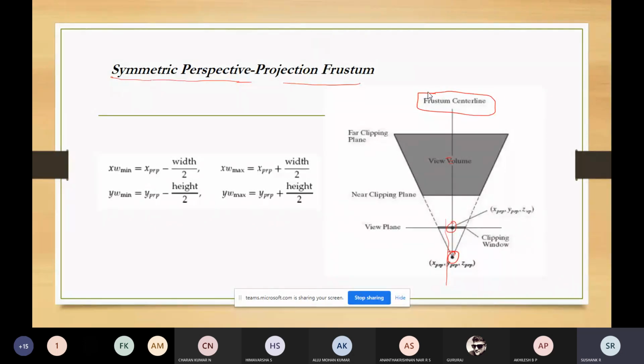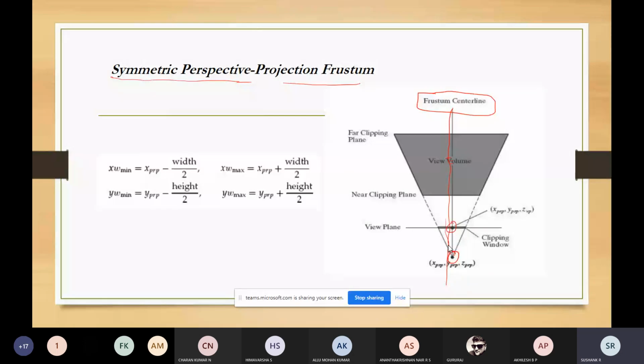If this center line is perpendicular to the view plane, the line which I have highlighted, then we will have a symmetric frustum. That is what is shown in this figure.